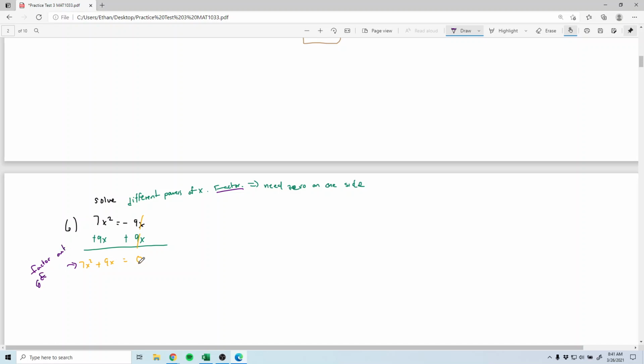And the reason we can do that is because there's no number here. We just have something with x squared and something with x. Right. And the greatest common factor here is just x, because 7 and 9 have nothing in common. But x squared and x have an x in common. When we take the x out, the first term becomes 7x, and the second term becomes 9.